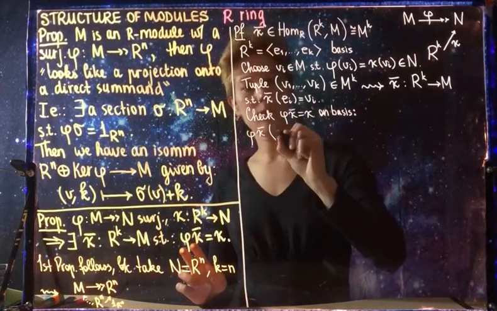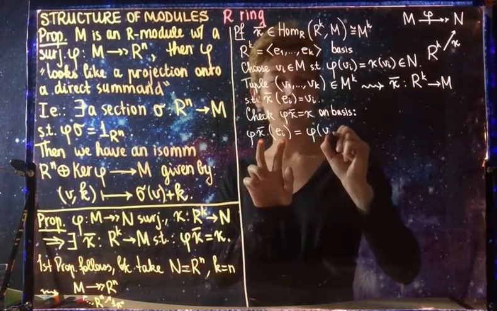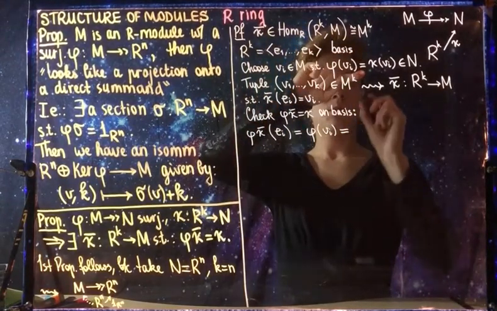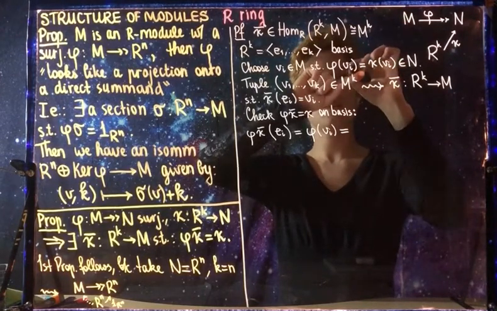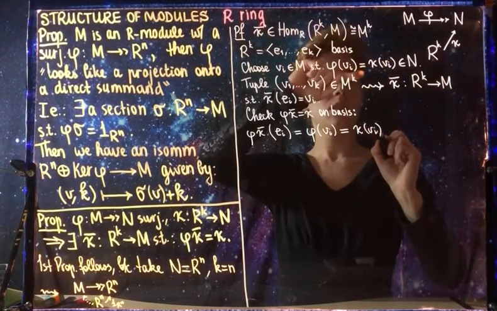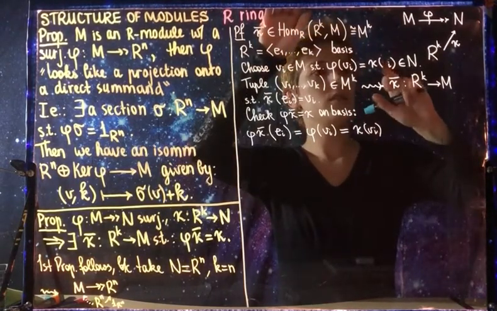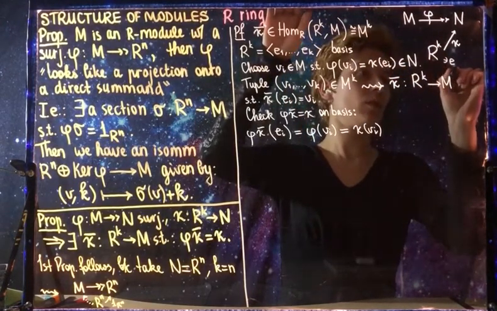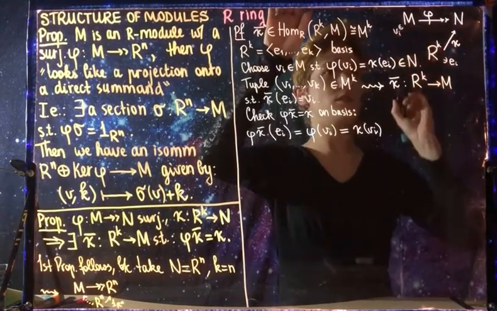Phi kappa bar of Ei is equal to phi of Vi by this equality, and phi of Vi were chosen in such a way that the image of Vi is equal to kappa of Ei. Because this is the only thing that makes sense here.